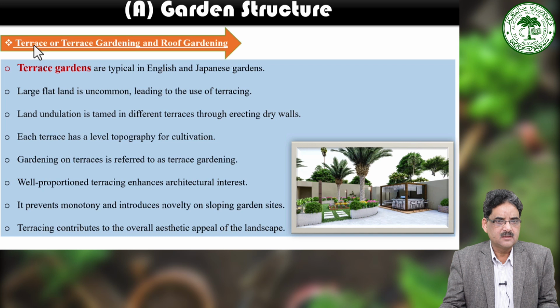Another one is the terrace garden, which is a common feature in English or Japanese gardens, as in those countries a large piece of land on one plane may be uncommon, so the land undulation is tamed into different terraces through erecting dry walls, each terrace having an even topography for cultivation.